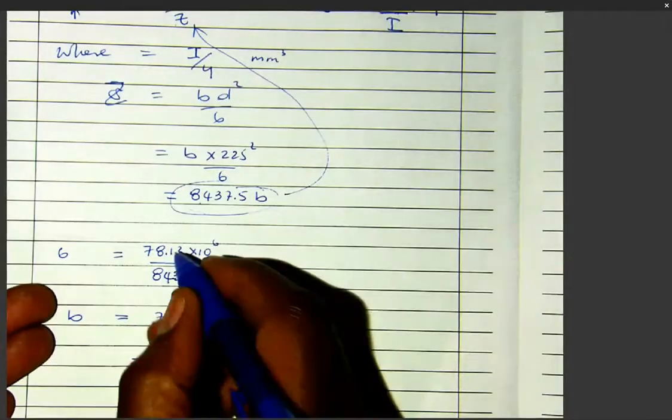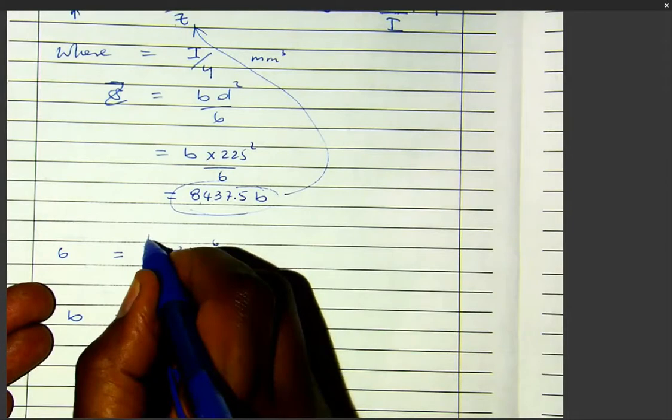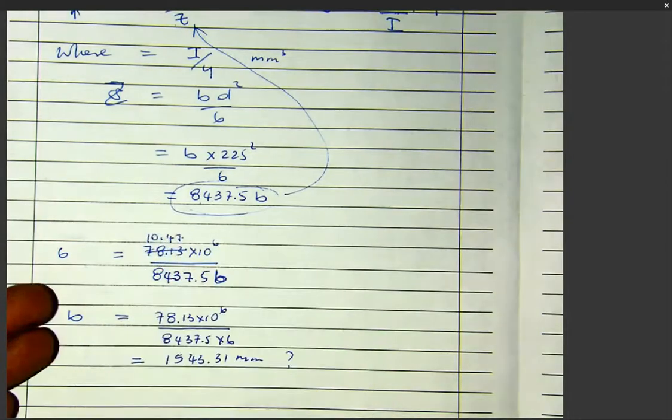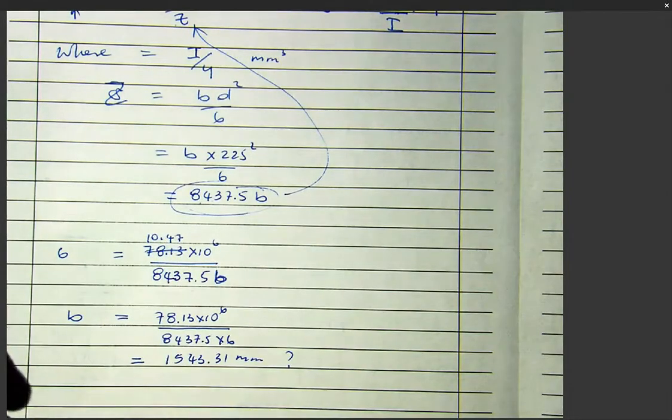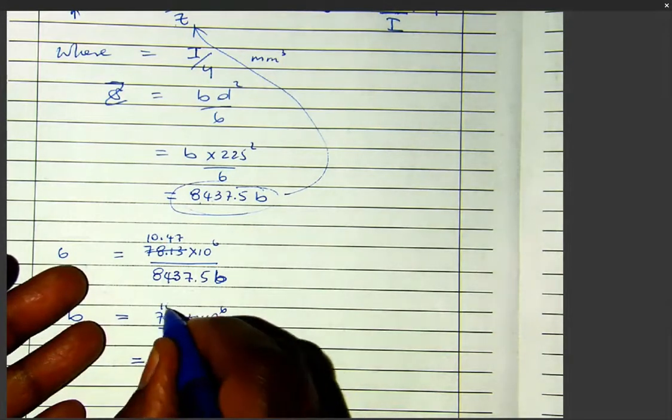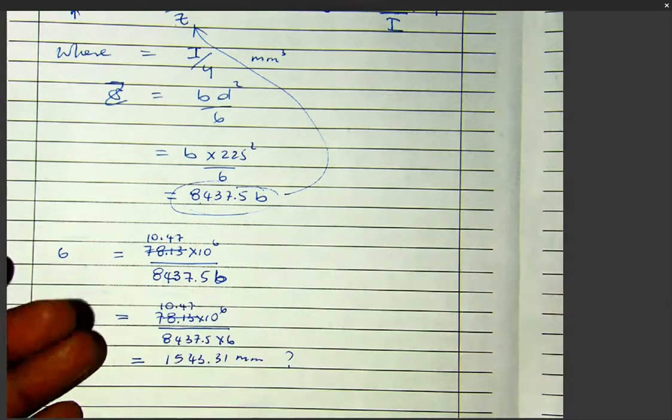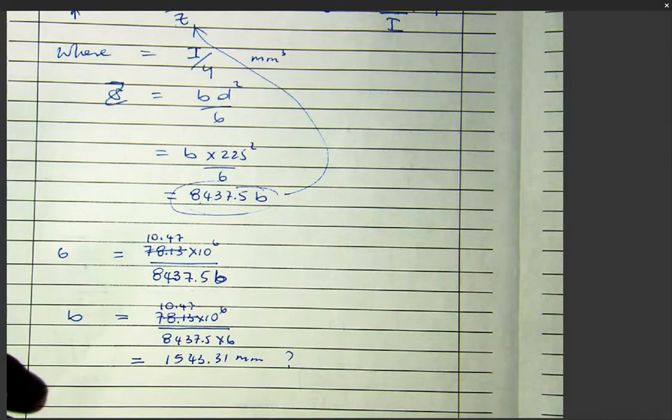Then I come over to the same exercise. The only thing that I'm going to change here is this value to 10.47. Hopefully this one is going to give us a meaningful answer now. 10.47 times 10 to the power 6 divided by 8437.5 times 6.